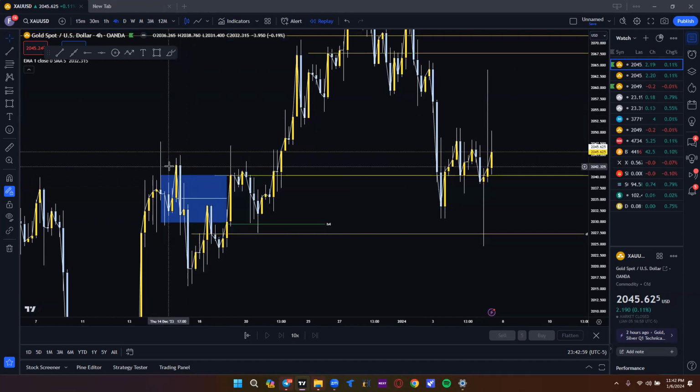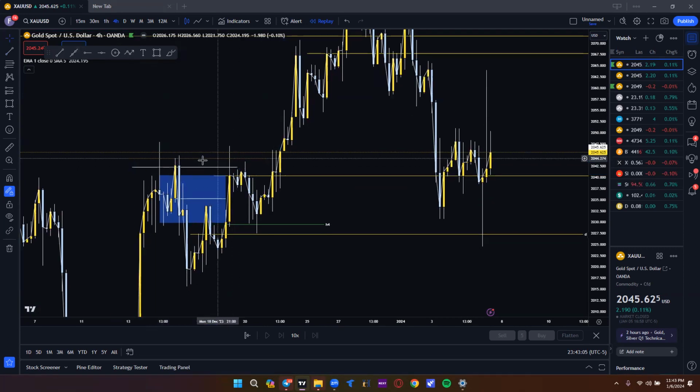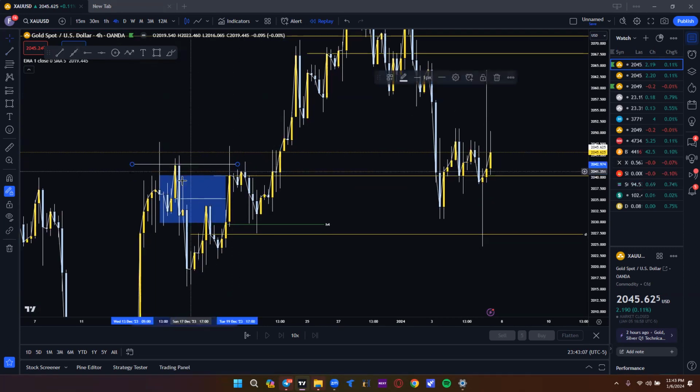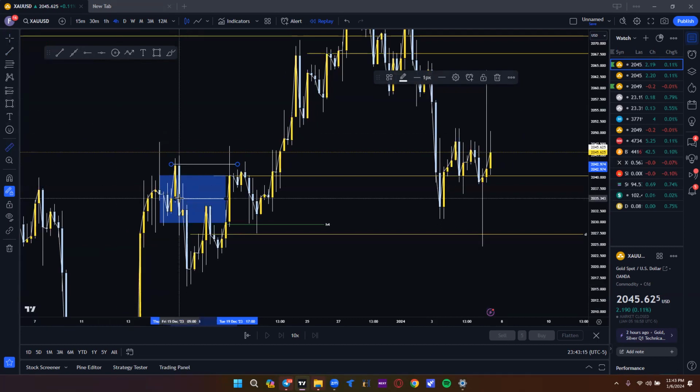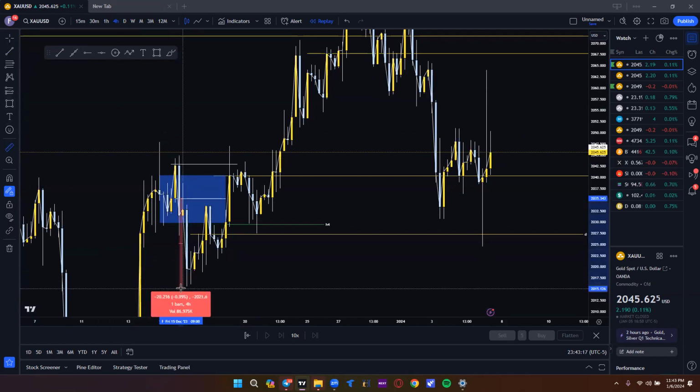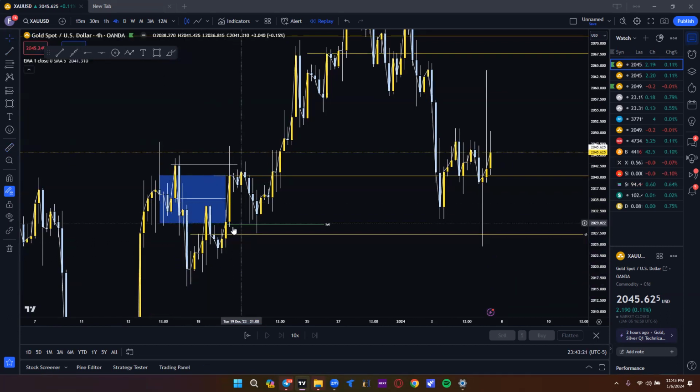You see that even though it closed below this SNR level here, it closed above the decision level, right? That took price down for some time. At one point, price went down 200 pips from here. And then all of a sudden we see price breaking above that level after it's been rejected.